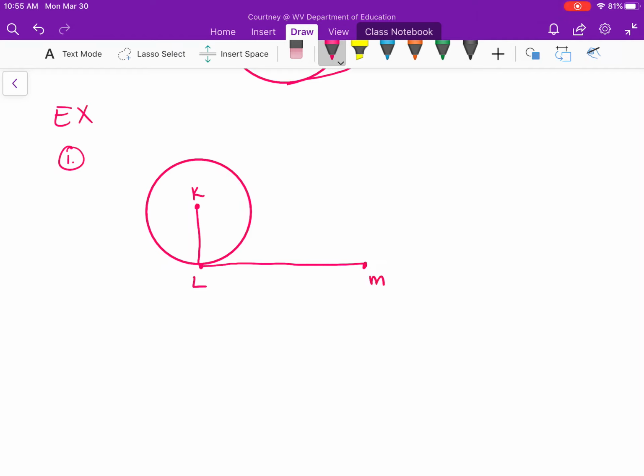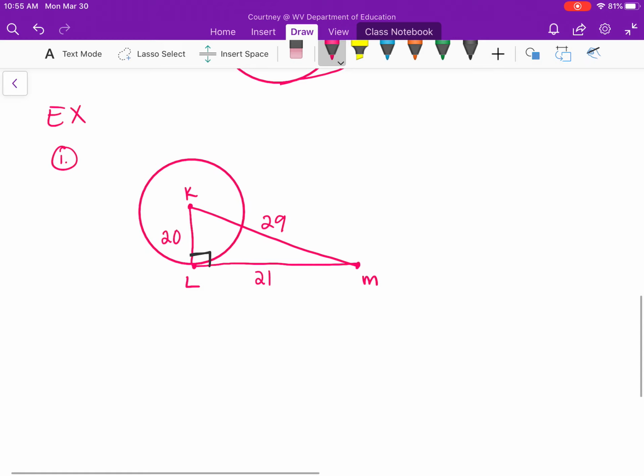And this is point M. Okay. And we have another line that forms a triangle. Now, what did I say about the radius and the tangent line? They make a right angle. So what kind of triangle is this? It is a right triangle. KM is 29. The radius, KL, is 20. And the tangent line, LM, is 21.